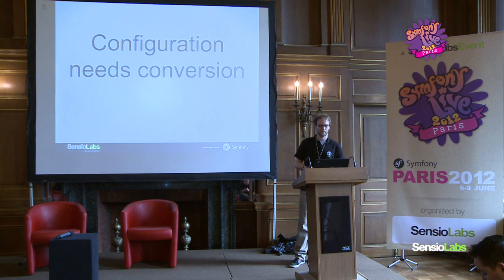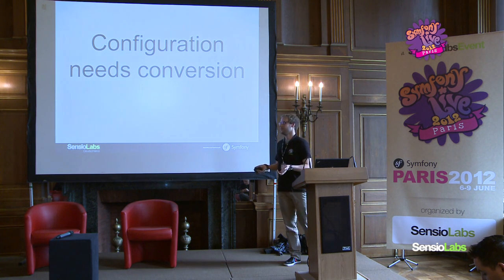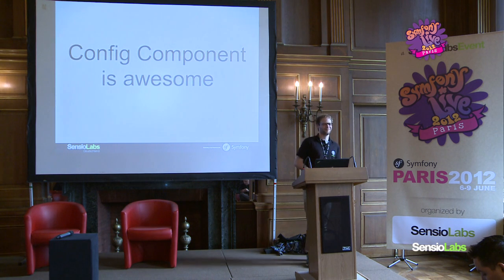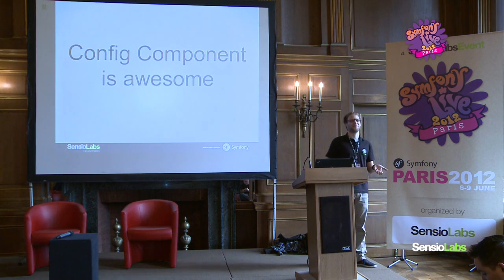It's some kind of abstraction. And the main thing is, the config component is awesome. Just realize it, or just believe me. Taking a look into it, I think you're going to love it.